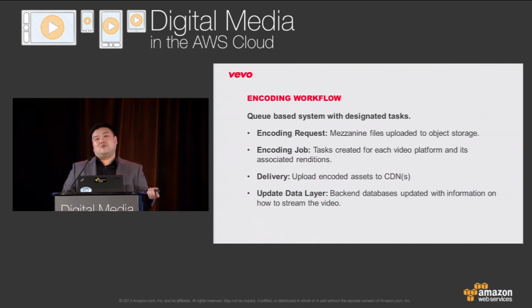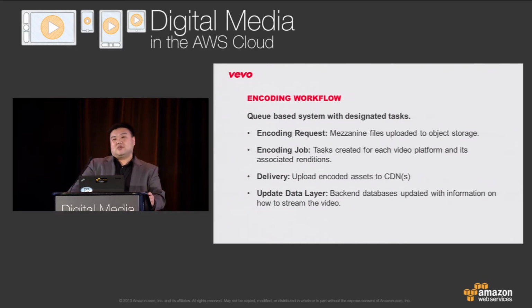For that one video asset, we create the 6 or 7 different platform jobs for that video's encoding settings. Once that job moves past that phase, we move on to delivery, where the output is uploaded to our different CDN partners, and finally we update our data layer in the backend for access to playback.